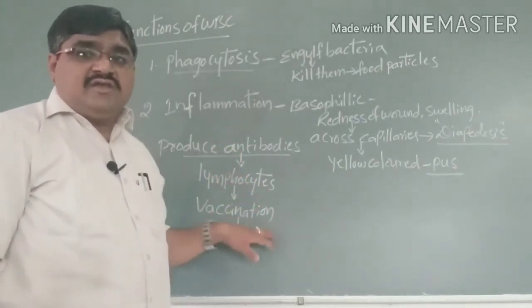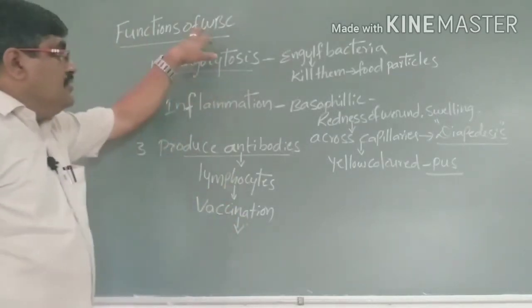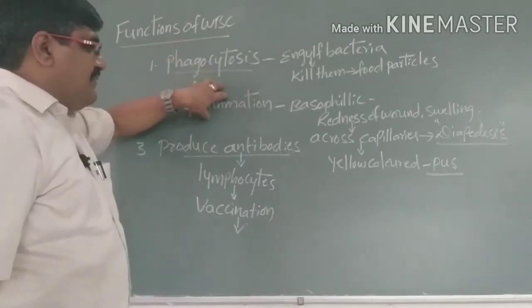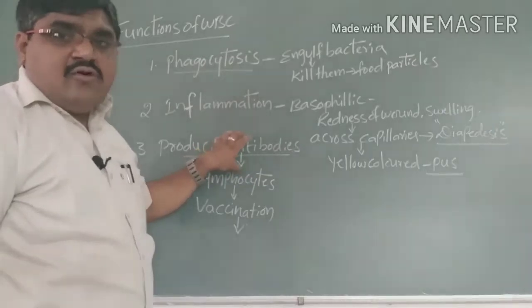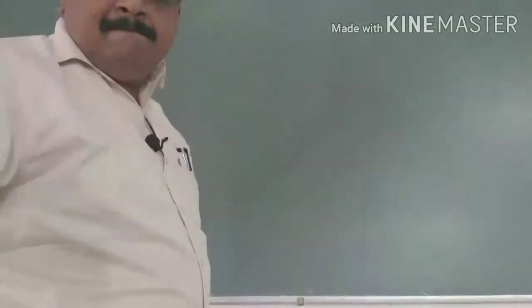So these are the three functions performed by the WBC: phagocytosis, inflammation, and producing antibodies.